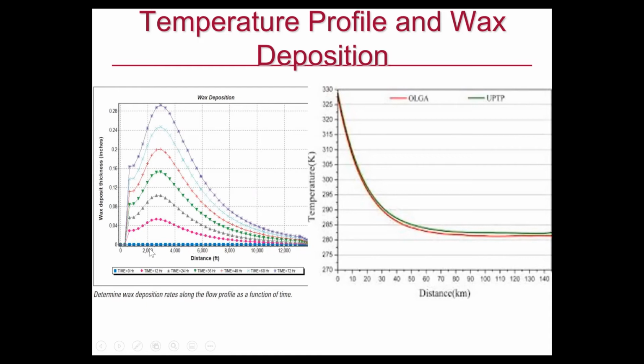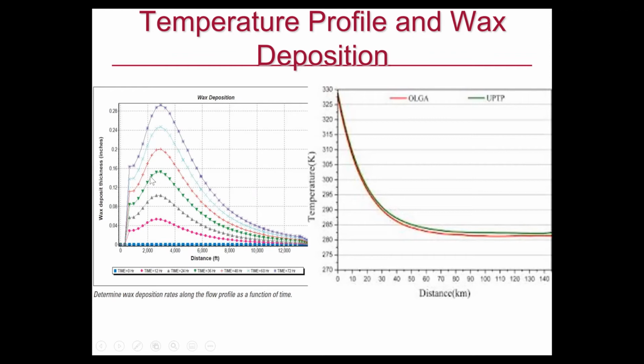So initially, at the beginning of the pipeline, because the temperature is above the wax appearance temperature, there is no wax. But as we go along the pipeline, then you can have wax deposition. And wax deposition is not homogeneous.